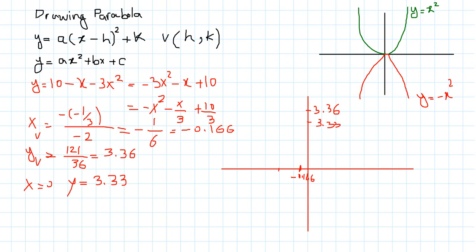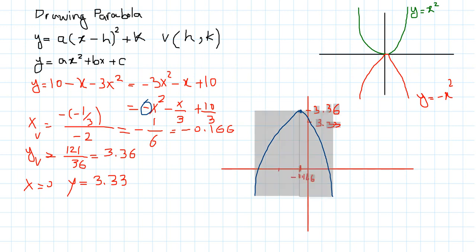Okay, 3.36 is here, and this point is the vertex point. And because the factor of x squared is negative, the shape should be like this. Yes, easily we drew it.